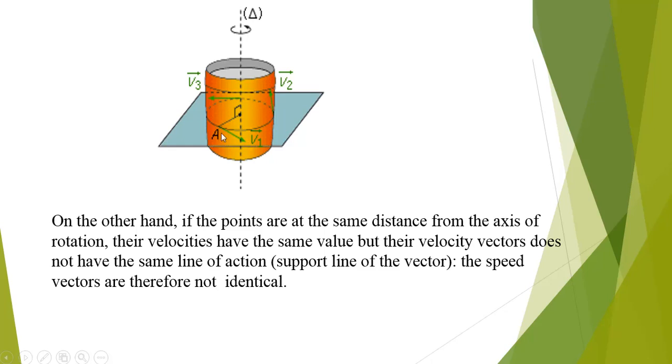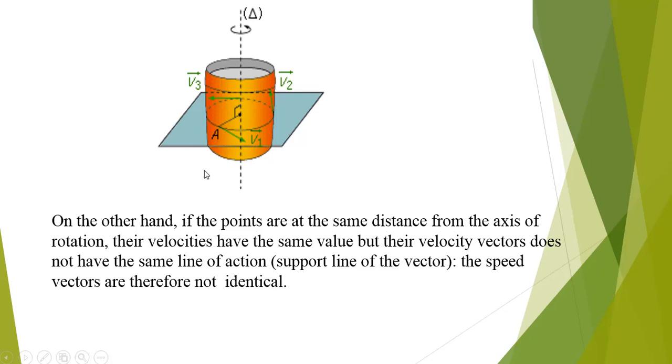While the line of action of velocity vector v1 is different from that of velocity vectors v2 and v3. So, in this figure, since the 3 points taken into consideration are situated on the same circle, we obtain the same value of the speed. For example, v1 in meters per second equals v2 equals v3, while the line of action of v1 is different from that of v2 and v3.